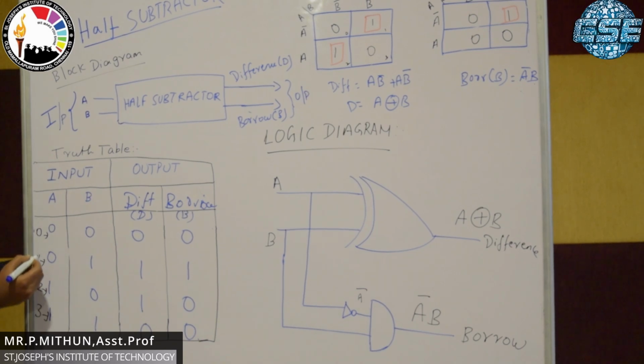So the decimal values are 0, 1, 2, 3, and we write the 2 inputs A and B as the binary digits for 0, 1, 2 and 3.